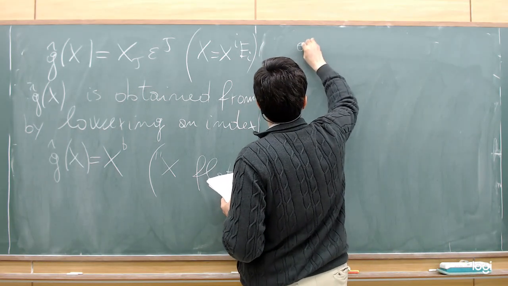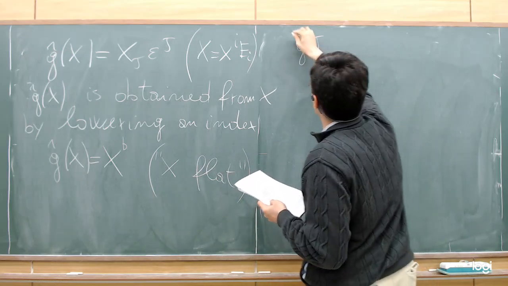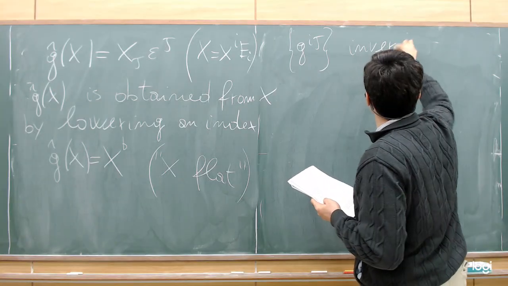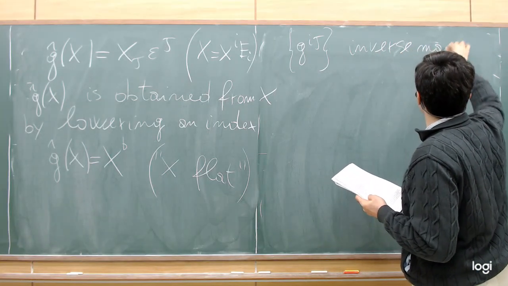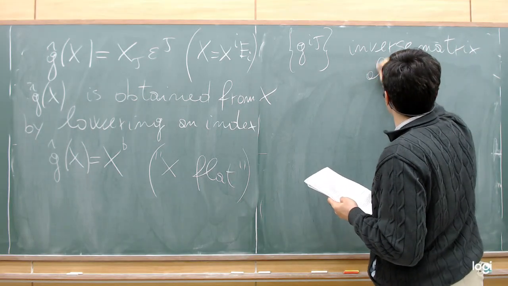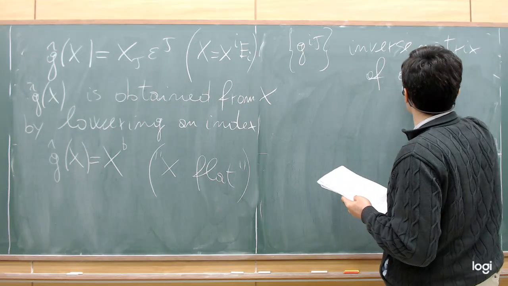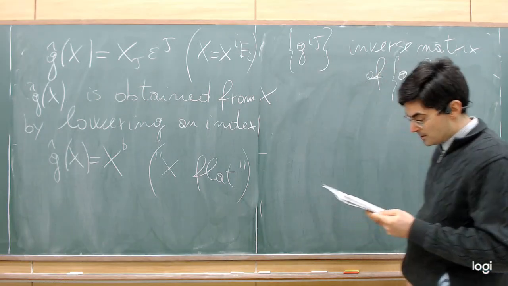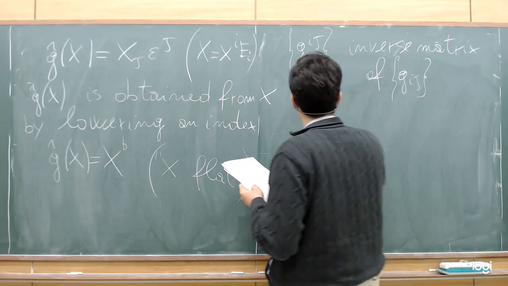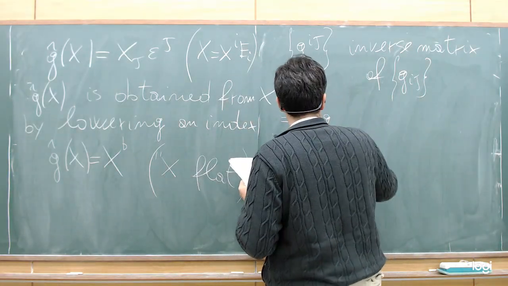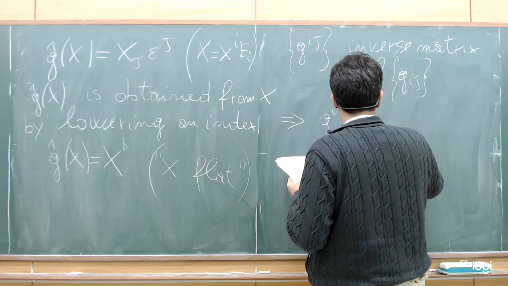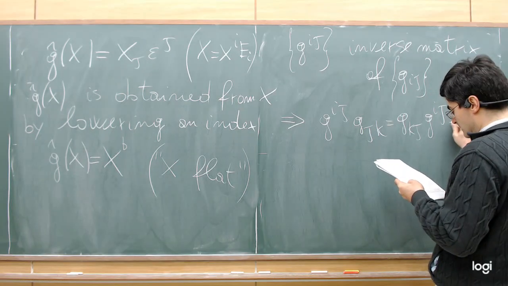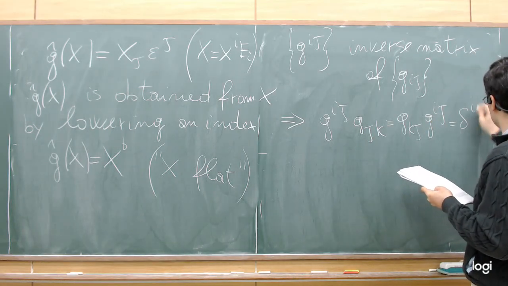So we write G with the upper indices for the inverse matrix of G_ij, and this means that we can write this formula: G^ij G_jk is the same as G_kj G^ji equal to delta^i_k.